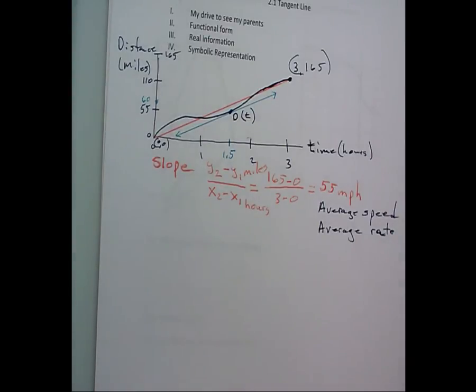So I could say, if I'm driving to my parents', at about an hour and a half, I'm getting onto Highway 52, and I'm about 60 miles from my home. How long am I at that hour and a half in this trip?